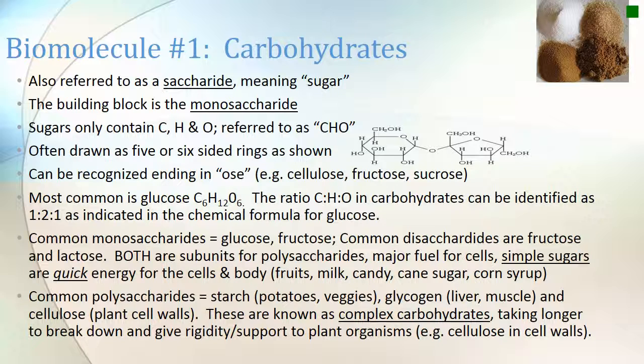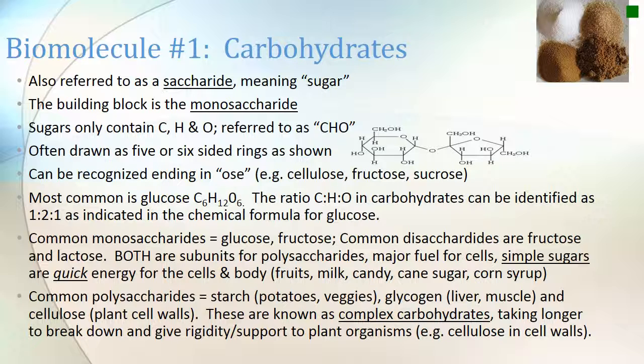Quick energy for the cell in the body, they include options with fruits, milk, candy, cane sugar, and corn syrup. And like I mentioned before, Gatorades and some of the sugary drinks, they're not considered a very good long-term energy source. They are quick energy, and that helps your cells to get a boost.